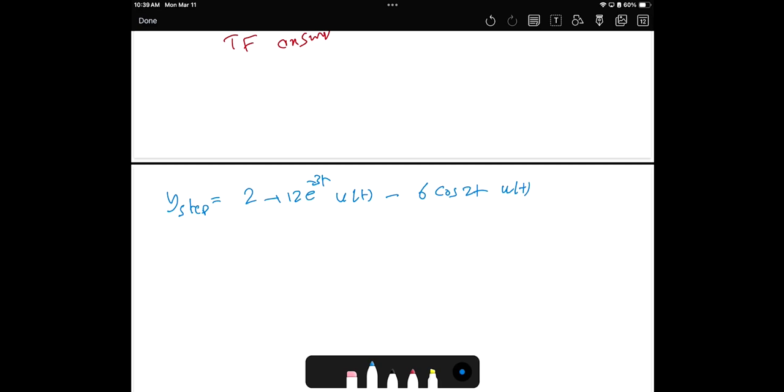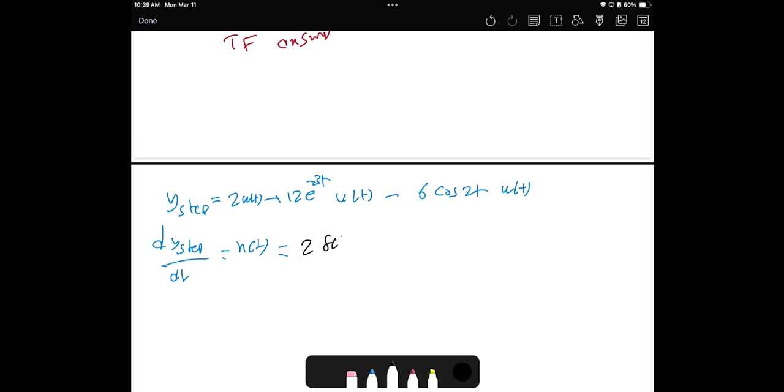Here I forgot u of t: 2 u of t. Now I'm ready to do the derivative. dy step by dt will be h of t. Now the derivative of 2 u of t is 2 delta of t, right?